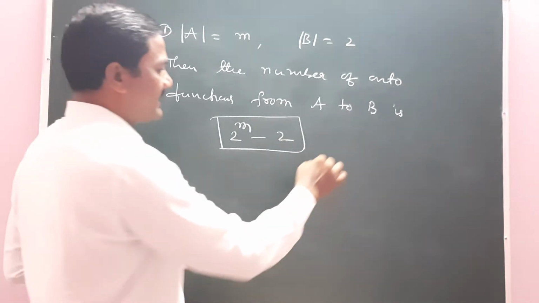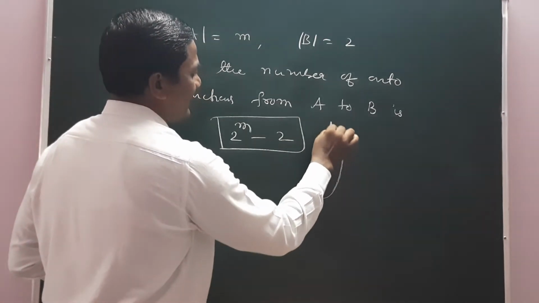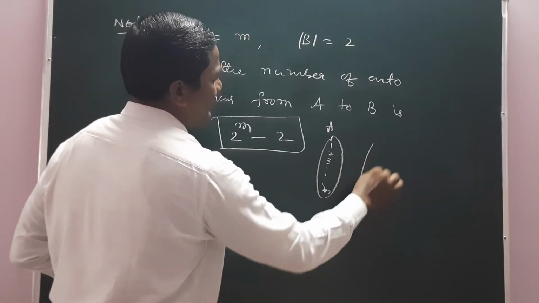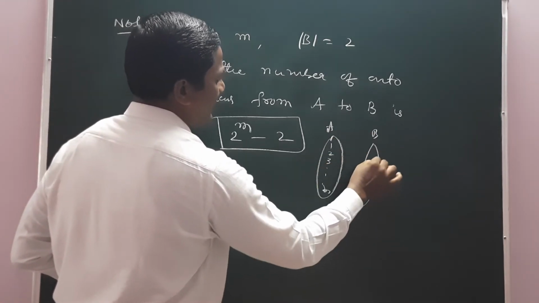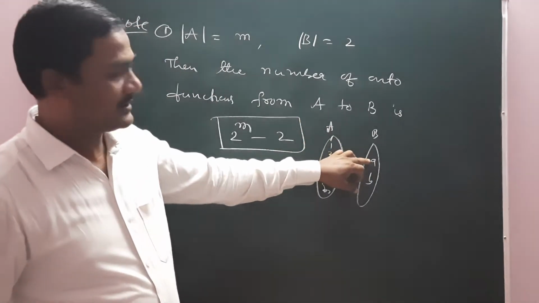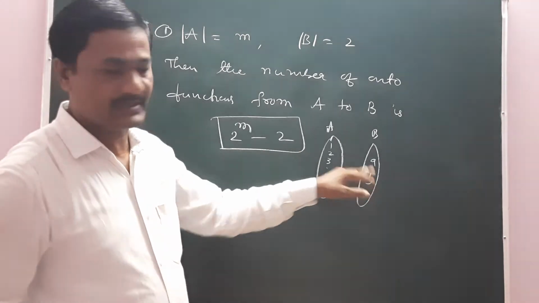Because here A is equal to 1, 2, 3 up to m elements, and B is equal to only 2 elements, a, b. Some elements are associated with a, and the remaining elements are associated with b, which is always onto.